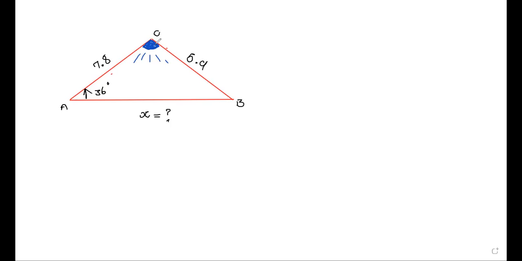I know that in geometry, A plus B plus C becomes how much? That's right. But the problem is that I have only one angle, which is angle A, and I do not have any other two angles.